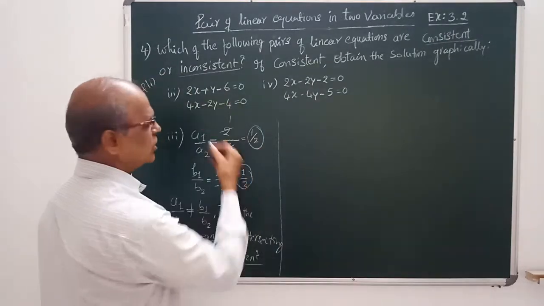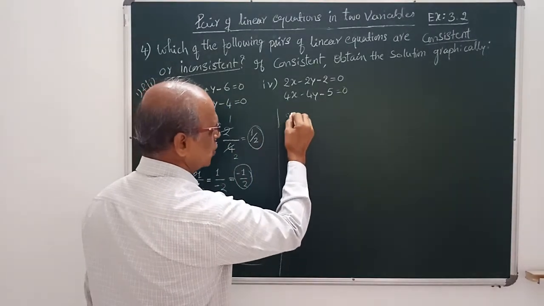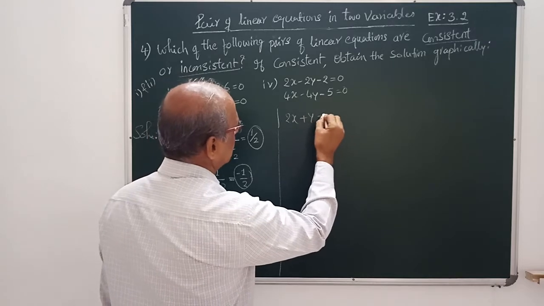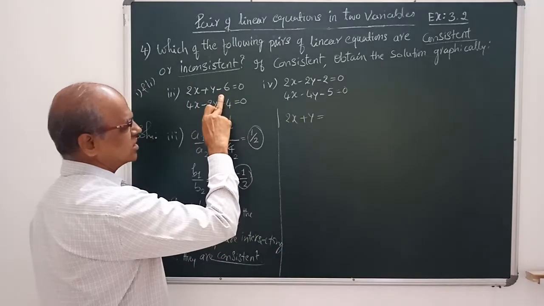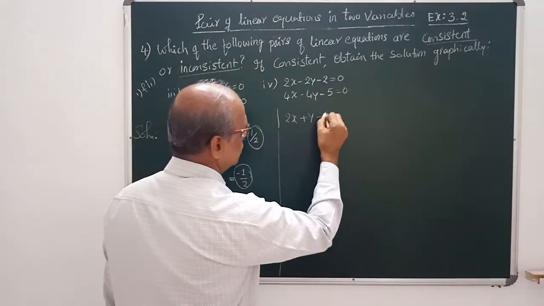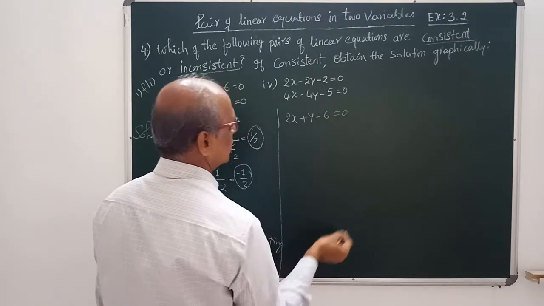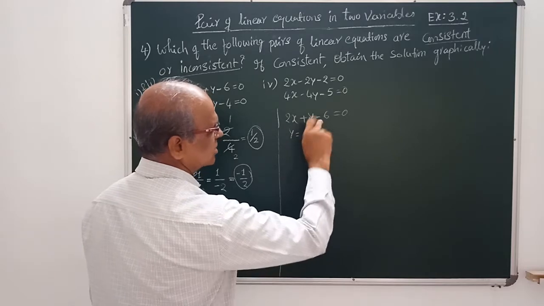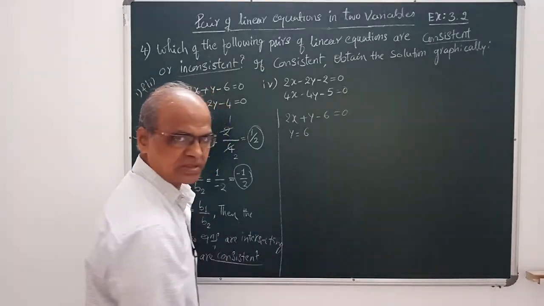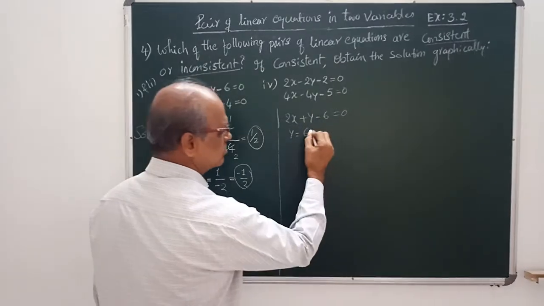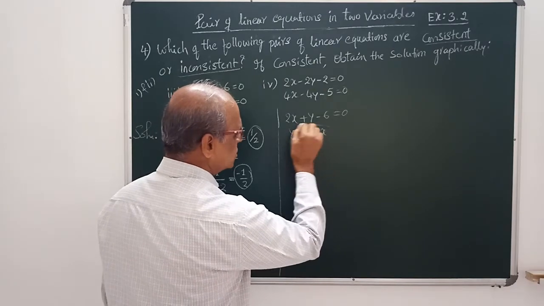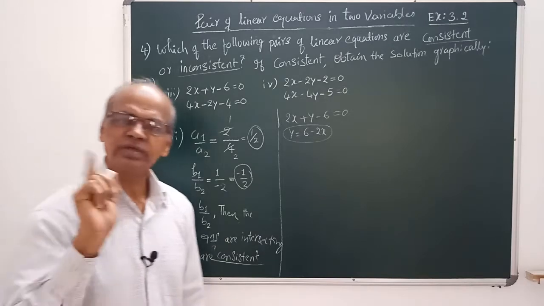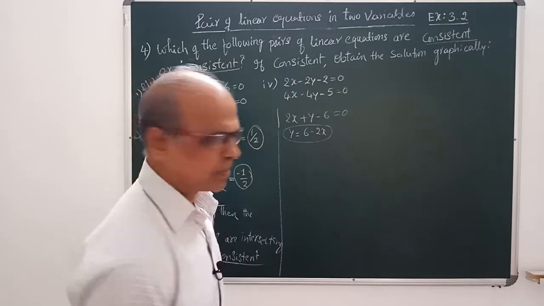So okay, first equation, what is it? 2x plus y minus 6, I'll write it as it is now, is equal to 0. Now, y is equal to, what happens? This 6 will go to that side, it becomes plus 6. This plus will become minus 2x. So, this is our equation for calculating the coordinates of x and y and framing the table.